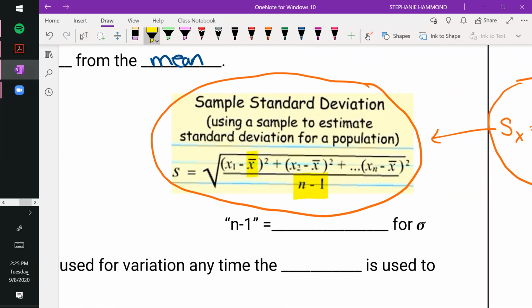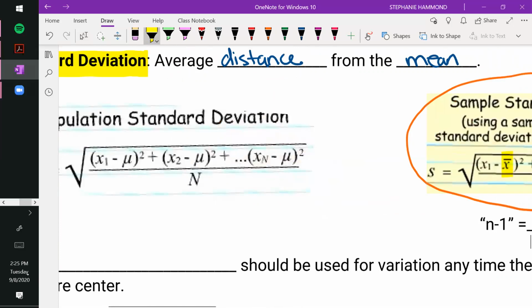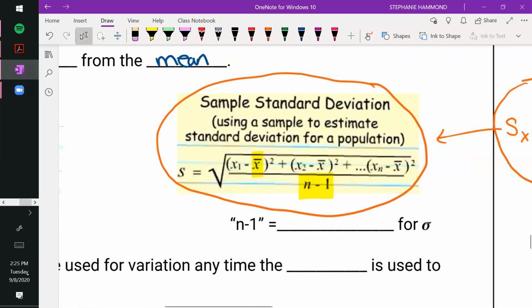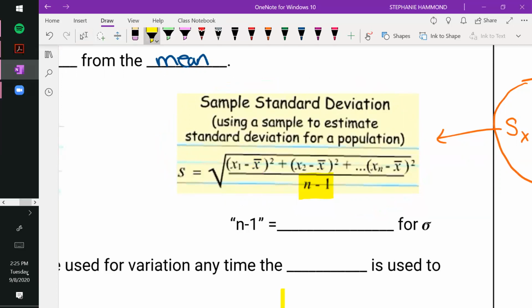So it's just like using mu in the population, no difference there. So the only difference between this formula and this one is the denominator. So why are we subtracting 1 from the denominator? N minus 1 is what we call the degrees of freedom for sigma.